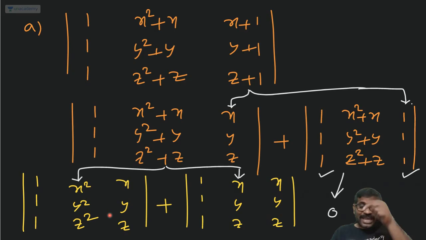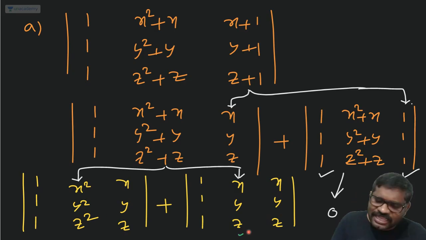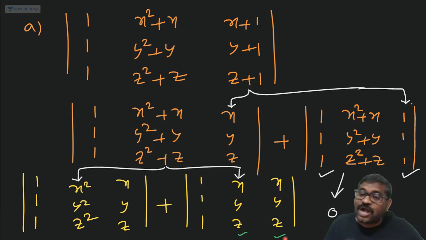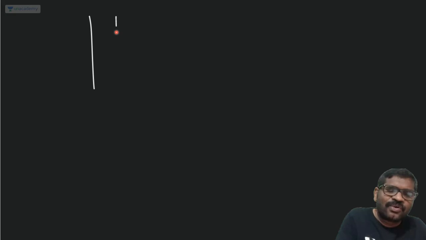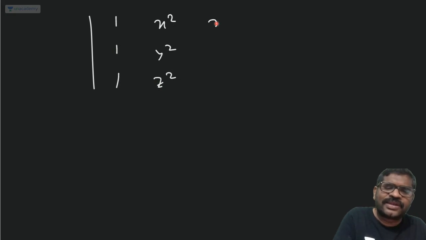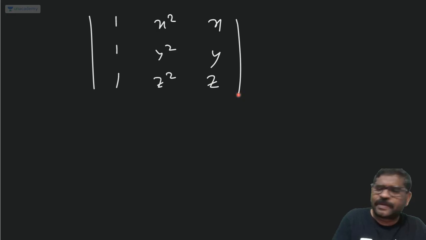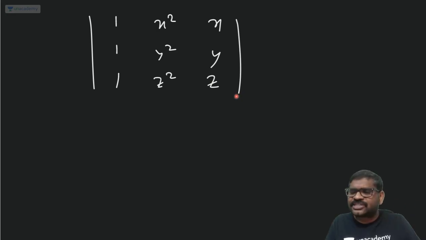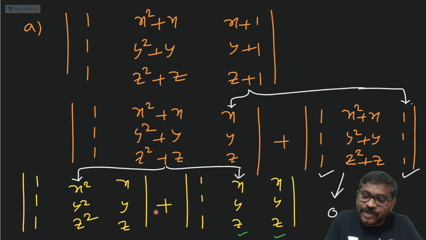Now in the second part, x y z, two columns are identical, therefore the determinant is 0. Now the first part is left, so it can be written as 1 1 1, x square y square z square, x y z. Understood? The second part becomes 0.